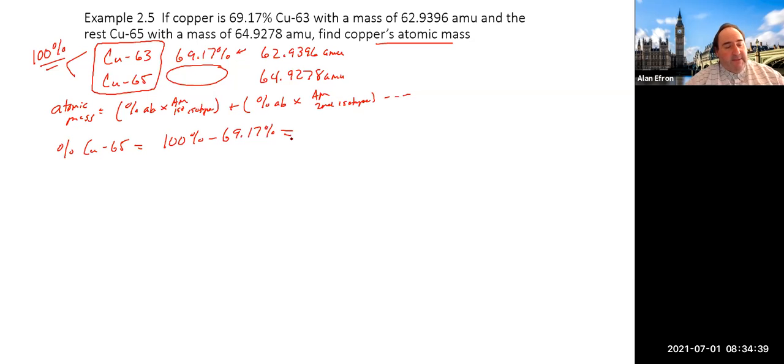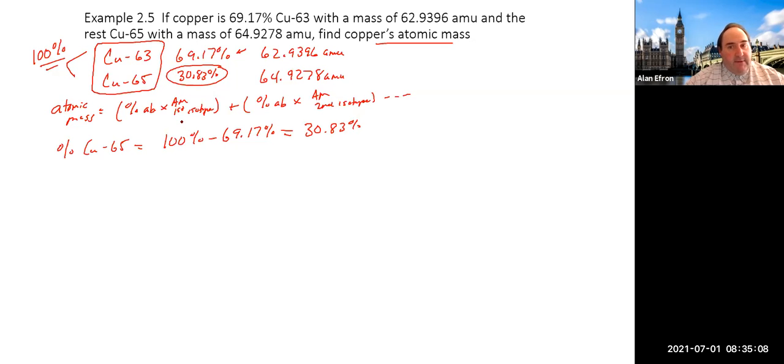And that should give us the percentage of copper 65. If we do that, we end up with 30.83, I think, 30.83. And that gives us our missing percentage there.